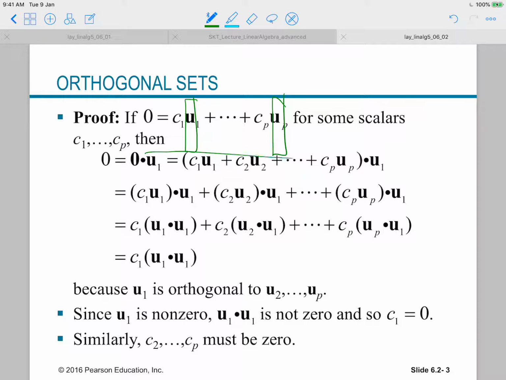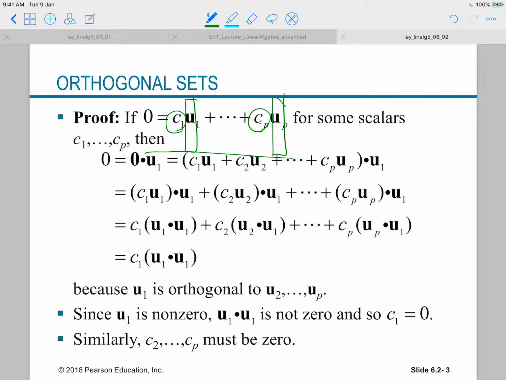And this is the vector equation form of our homogeneous linear system, right? Once we can find some non-trivial solution for C1 through CP, that means these vectors can possibly be linearly dependent, right? So let's prove that the only possible solution for this is the trivial solution. And how we prove it is as follows.